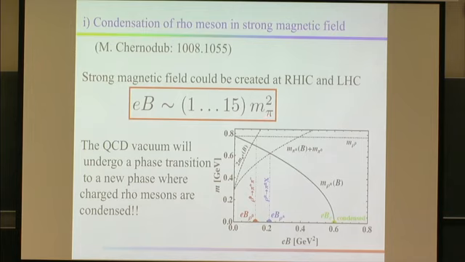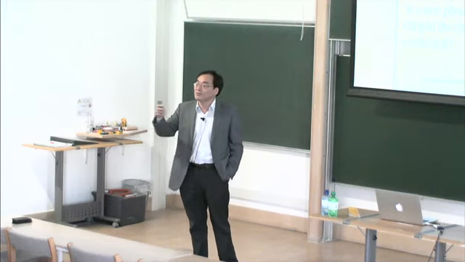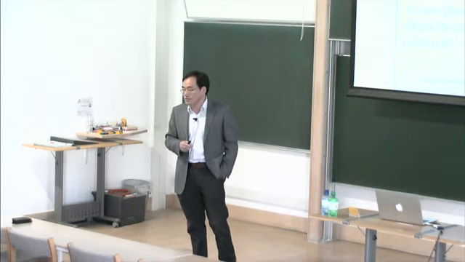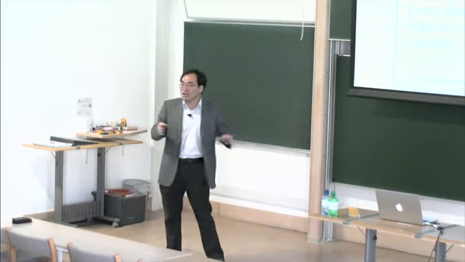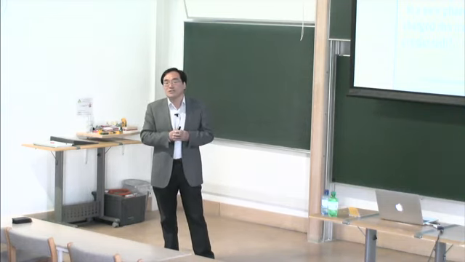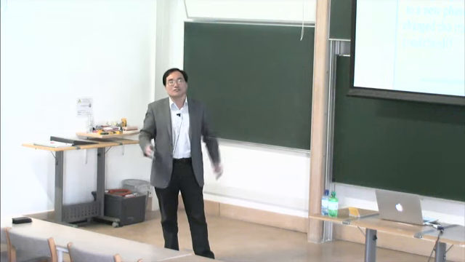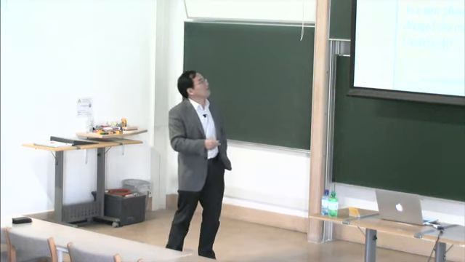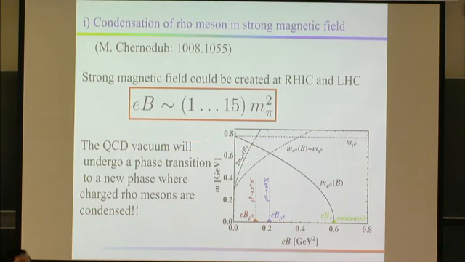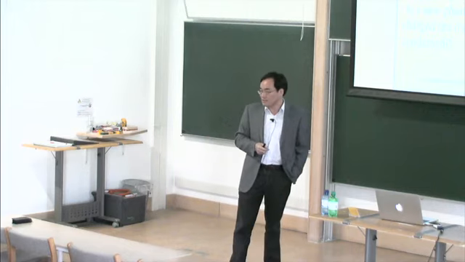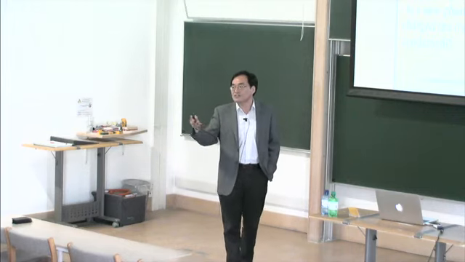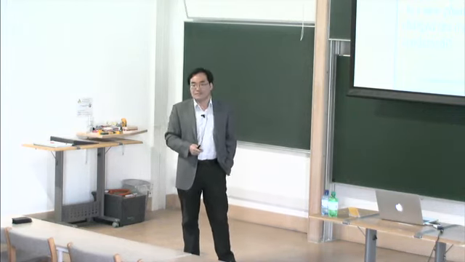Here, m pi is the mass of the pi meson. Roughly, this value could reach up to 10 to the 16 Tesla. Very, very strong fields. Such things could not be seen in the ordinary environment, but can be seen in the QGP phase, in the very early universe, or in the interior of strong stars.